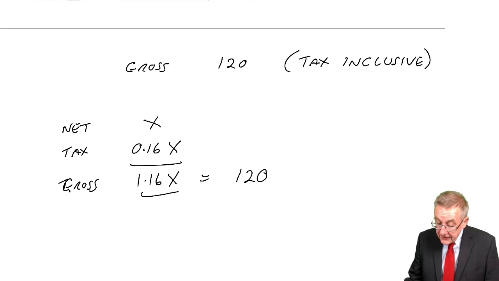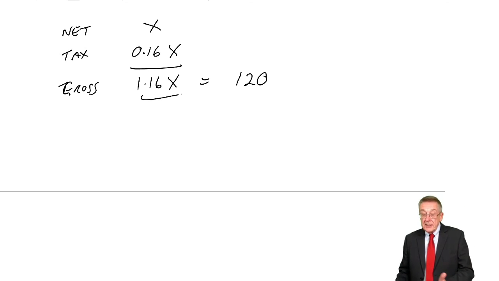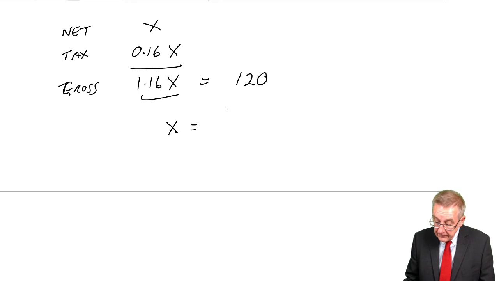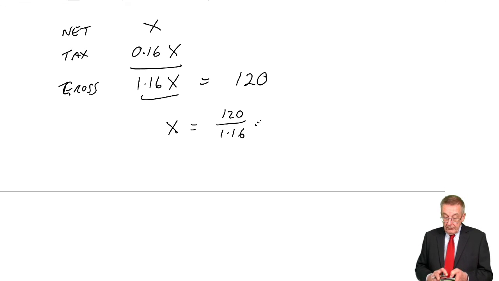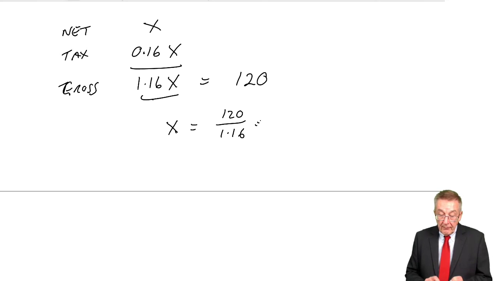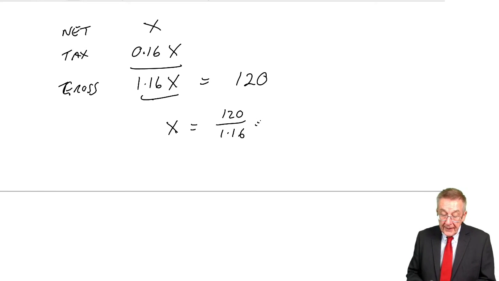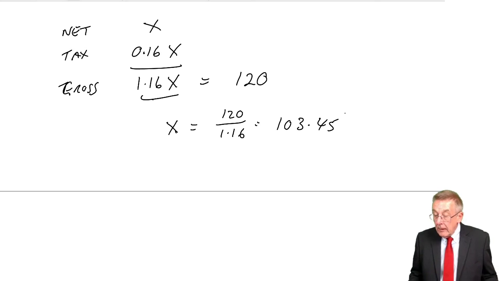And so, what is the net price, the price without tax? Well, if 1.16x is 120, divide both sides by 1.16, which gives 120 divided by 1.16 is 103.45.